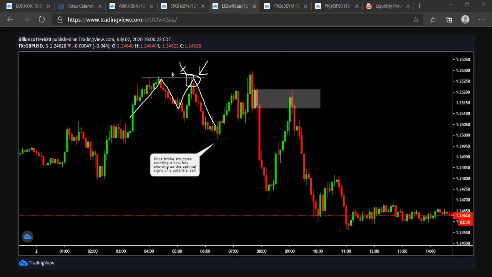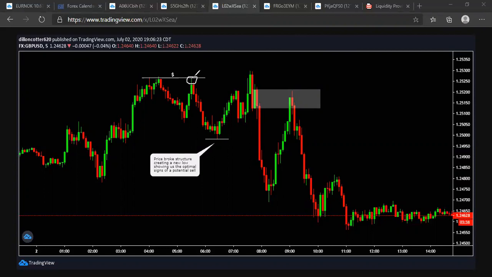And no doubt, if you sold here, the market went down a little bit and broke this low. So all in all, it maybe would have been a profitable trade, but that's not what we are looking for in the market.